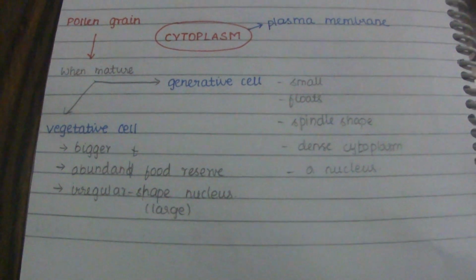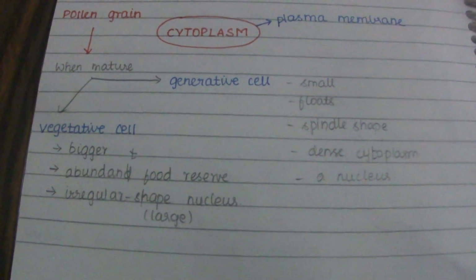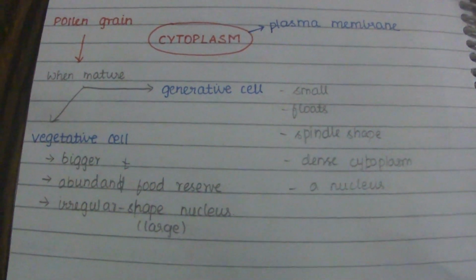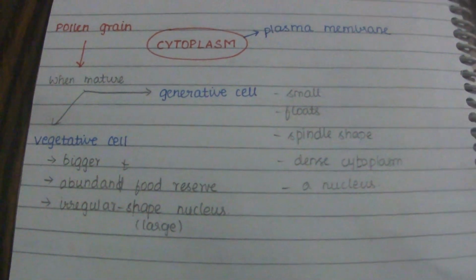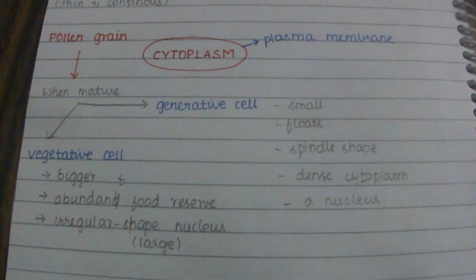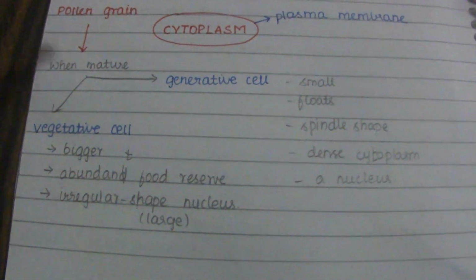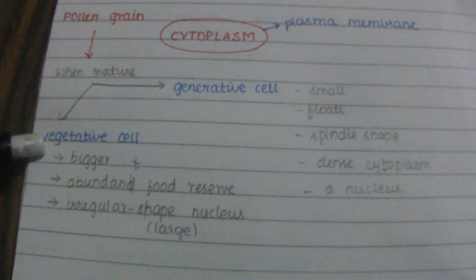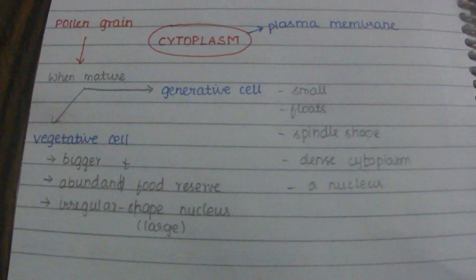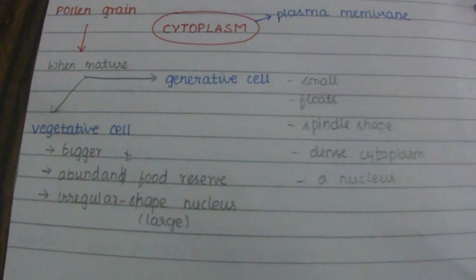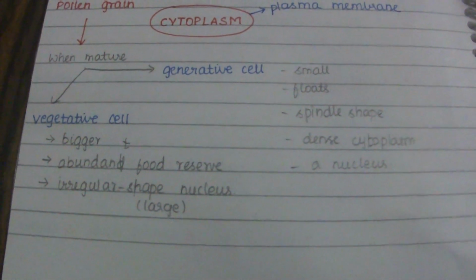It has a large nucleus, but the nucleus is irregular in shape. The generative cell is small and floats in the cytoplasm of the vegetative cell. Its shape is spindle, it has a dense cytoplasm, and it has one nucleus.